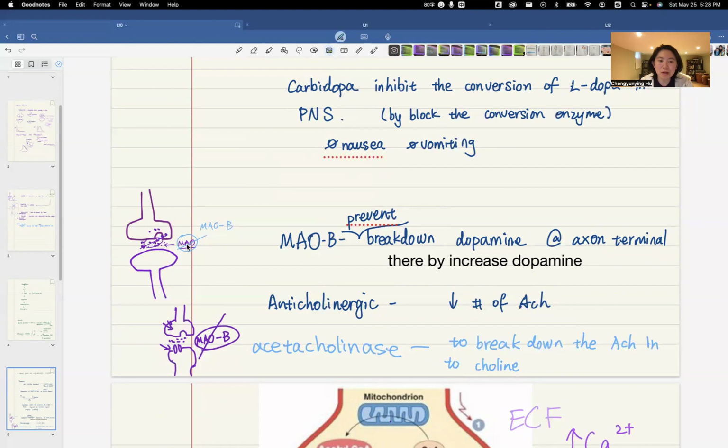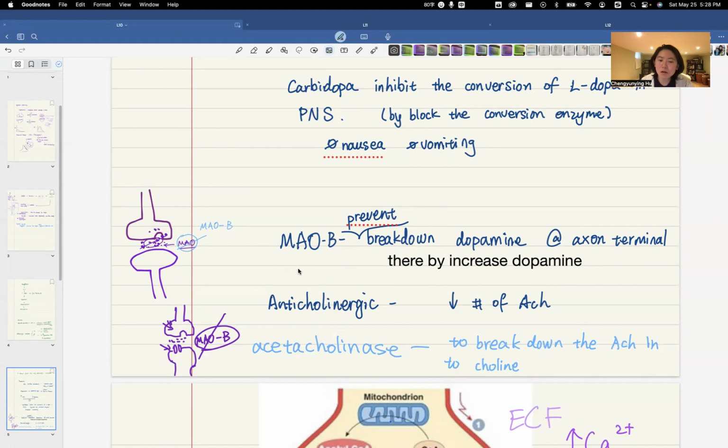By using this medication, we remove this enzyme. That keeps the dopamine longer at the axon terminal, which is what we want for Parkinson's patients, so that the receptor at the postsynaptic neuron has more time to receive that dopamine.